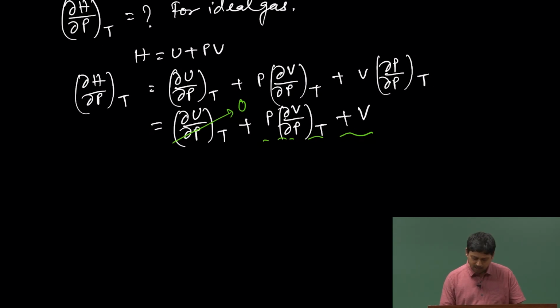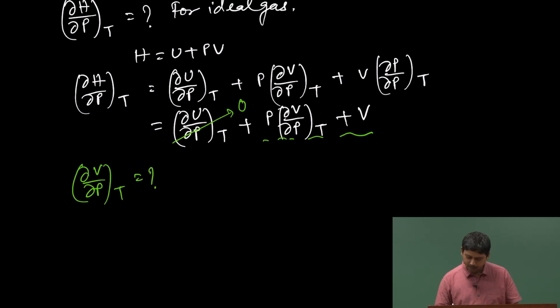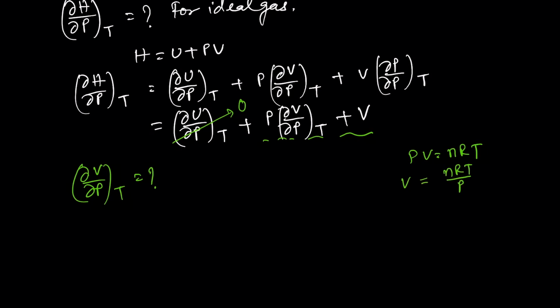Now, what is del V by del P at a constant temperature? What is that? Remember, PV equals nRT. So, V equals nRT by P. So, del V by del P, that means I am taking a derivative with respect to pressure at a constant temperature. nRT is fixed, right, into minus 1 by P square, correct.